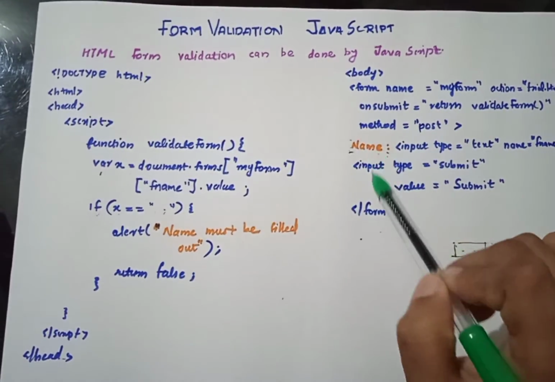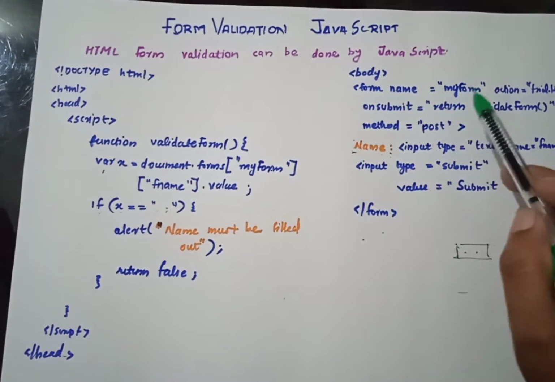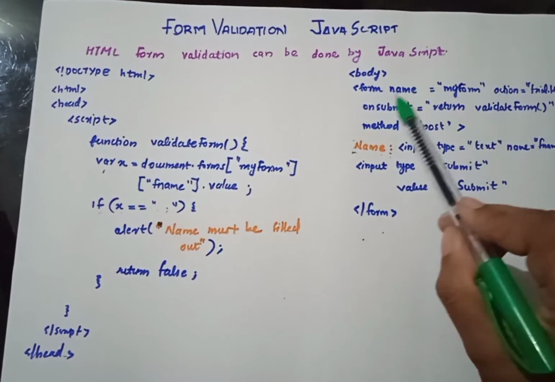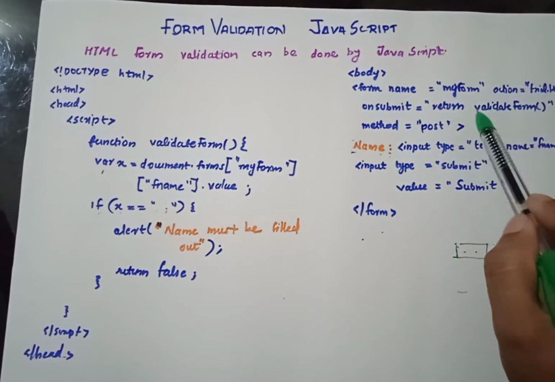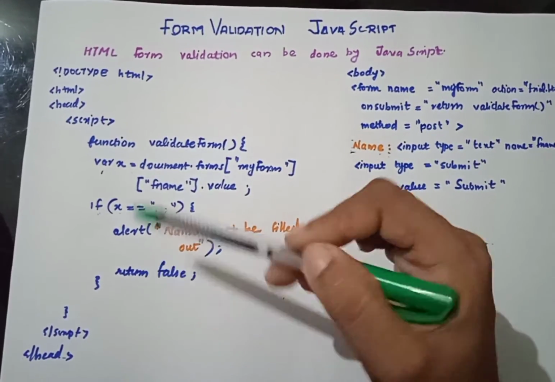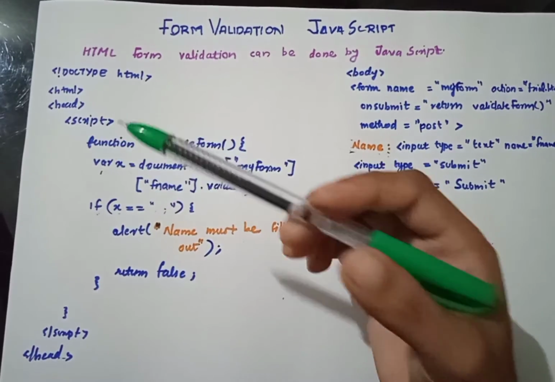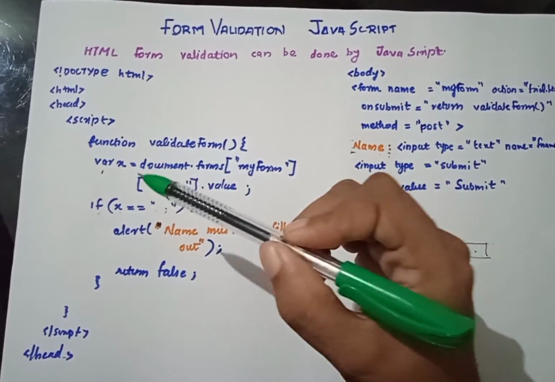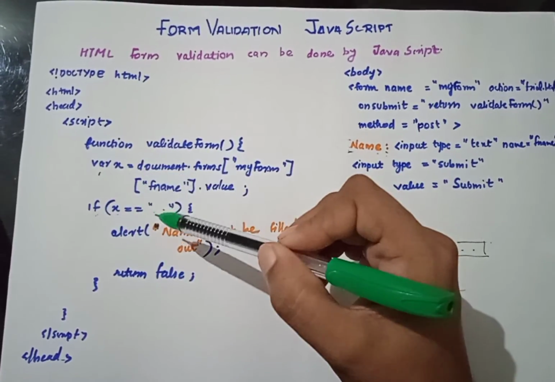Then you design a form for yourself. Always keep in mind to give it a name and also the event when to take this validation, and then you have to write the script for the validation: which field you have to validate, which attribute you have to get validated, and what the condition is.